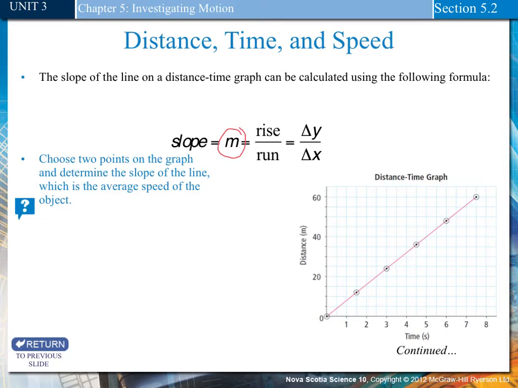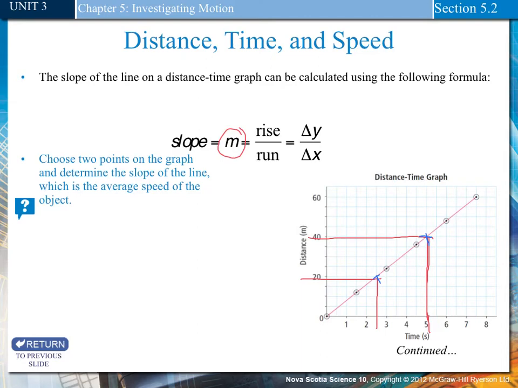So say I choose these 2 points. And I chose points that go through the lines just to make my math a little easier.